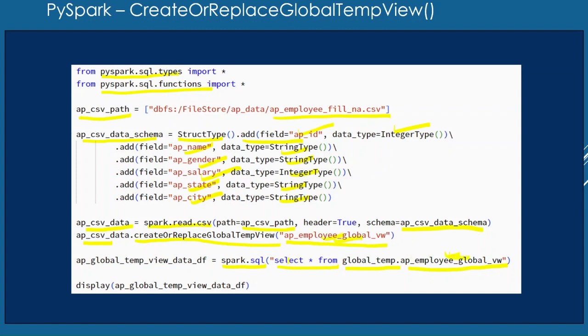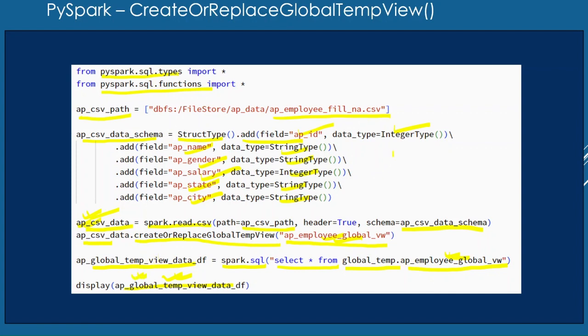So we are just selecting all the records present in this global temporary view and storing them in this data frame. Once you display the data frame, it will have the same content as the data frame from which we are creating the temporary view. So the content of this data frame and the content of this data frame must be the same.